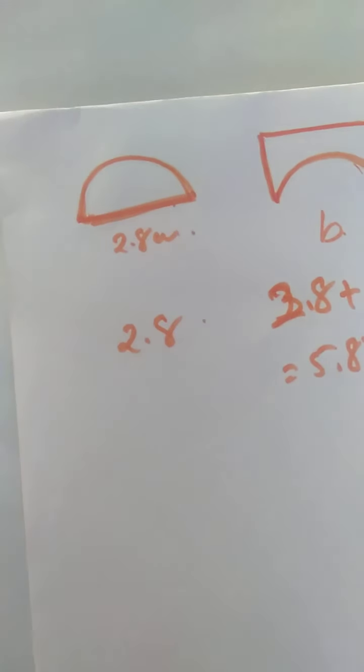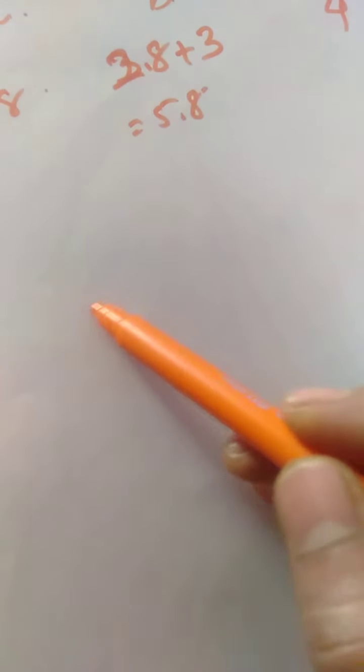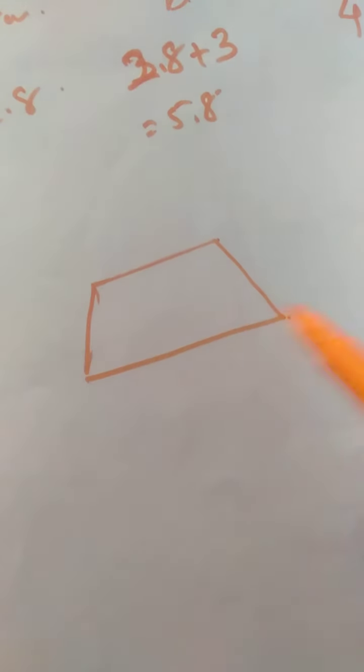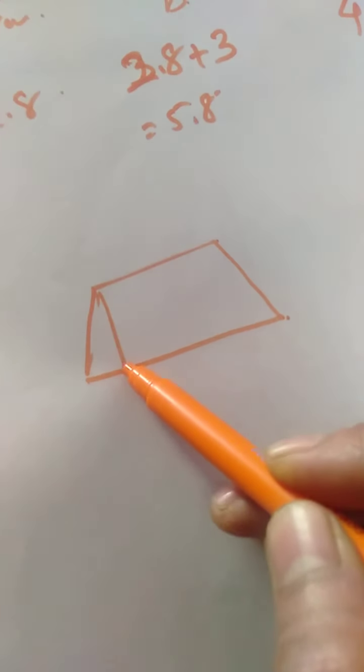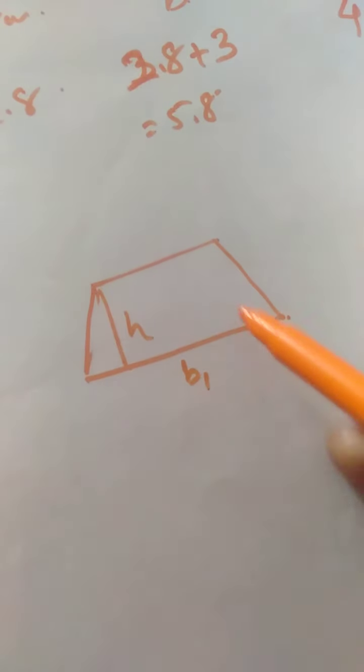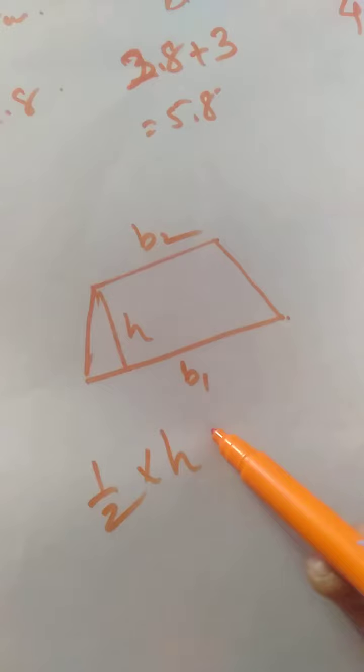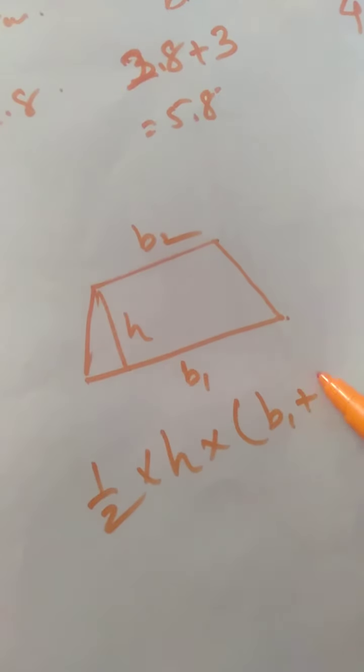In the next exercise, we have to find out the area of the trapezium. For the trapezium, I told you that the area is given by the formula half into h into b1 plus b2.